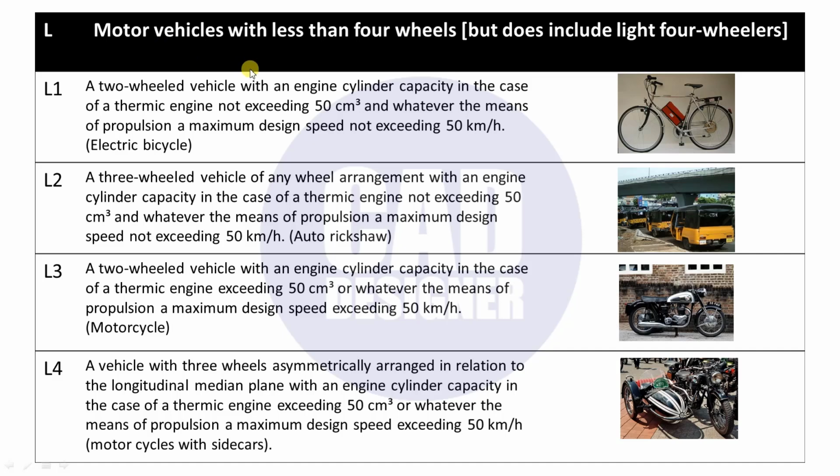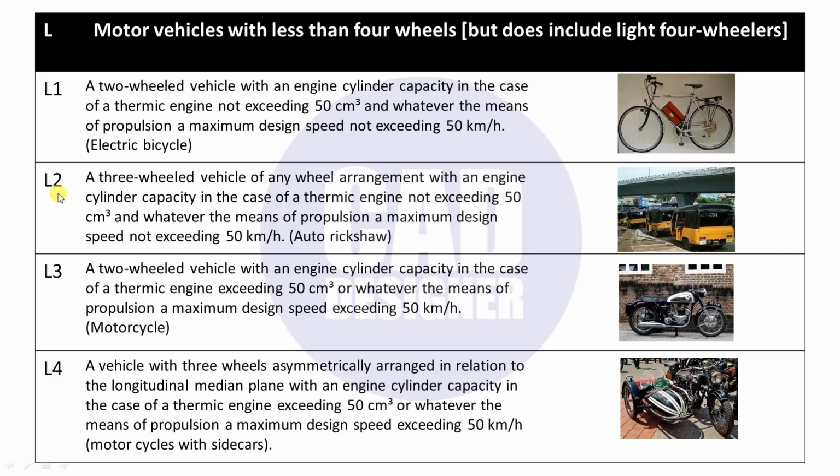We know that motor vehicles with less than four wheels, but it also includes light four wheelers. In the L category, the first subcategory is L1. Understand: a two wheeled vehicle whose engine cylinder capacity does not exceed 50 cm³ and whose speed does not exceed 50 kilometers per hour comes under the L1 category, and the example is the electric bicycle.